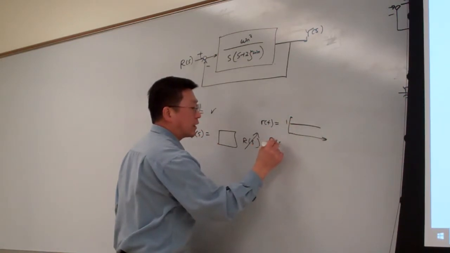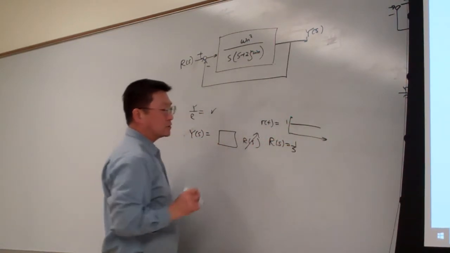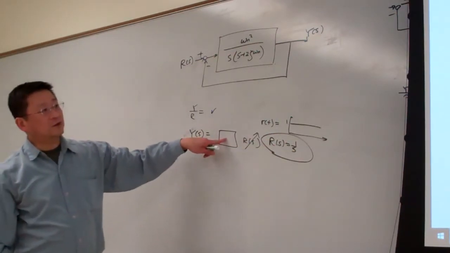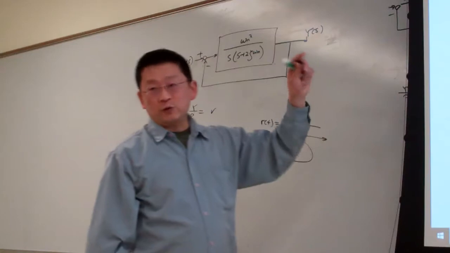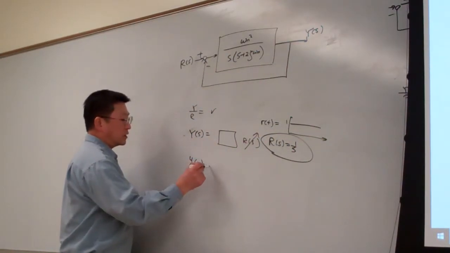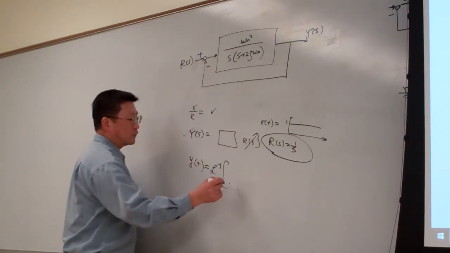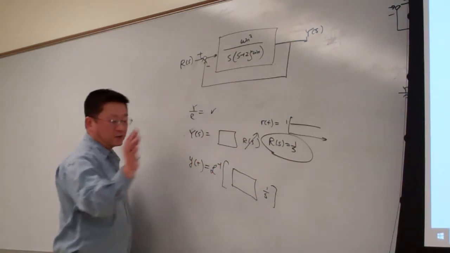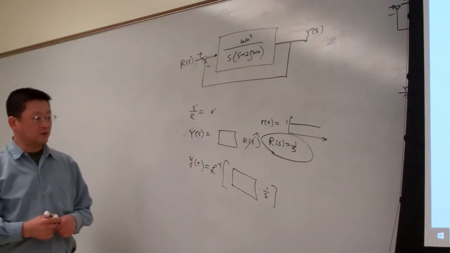That means R(s) equals 1 over s. So with R(s) multiplied with that transfer function, we find y(t) by taking the inverse Laplace transform of this transfer function multiplied with 1 over s. That is the whole procedure.